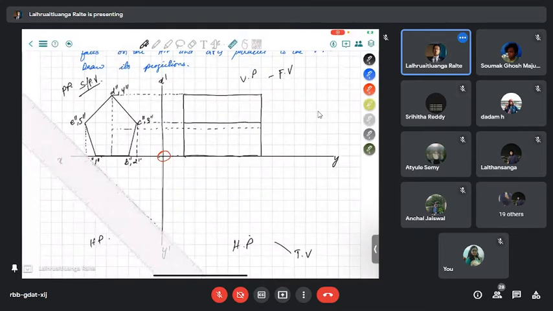Instead of a dotted line, you can use thin lines as well, like 2H, 3H.